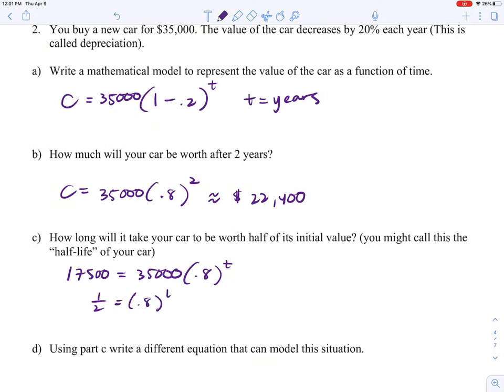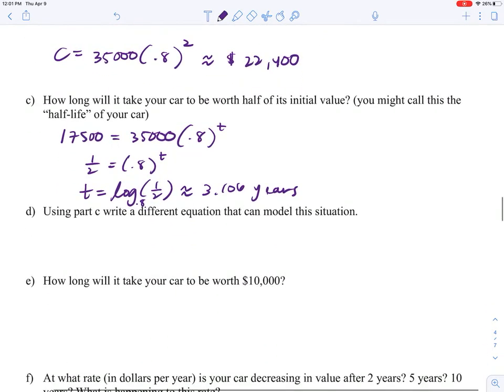If we divide by 35,000 on each side, we'll have 1/2 equals 0.8 to the T power. So T equals log base 0.8 of 1/2. That's the exact value. That's approximately 3.106 years.